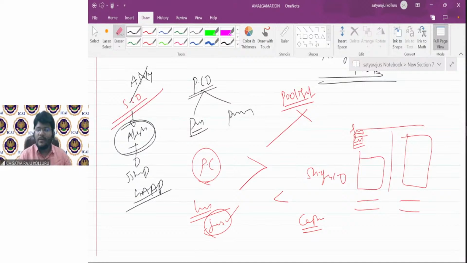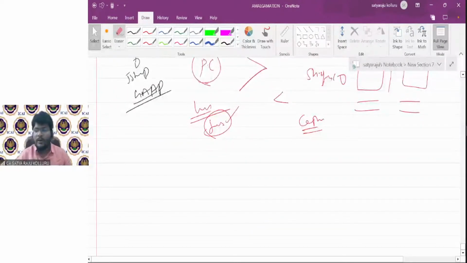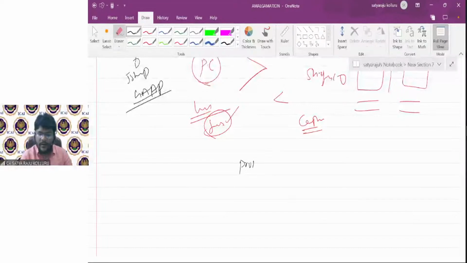Fine. Next, one more important clarification. This is for examination purposes, not for the real-time scenario. Sir, in the exams, while resolving problems, will they clearly give the type of amalgamation or not? That is the question every student may have in mind.